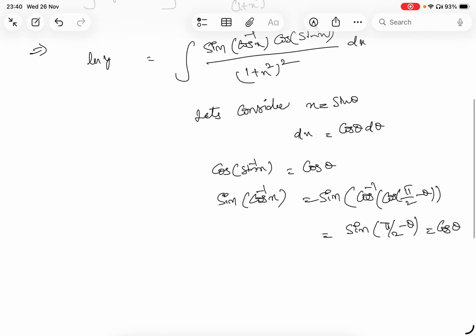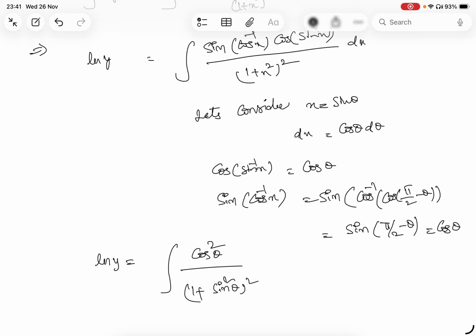Fine. Now the integration becomes ln y equal to integral of sine of cos inverse x is cos theta, cos of sine inverse x is cos theta, which is cos square theta, by 1 plus x square is (1 plus sine square theta) whole square into dx is cos theta d theta.